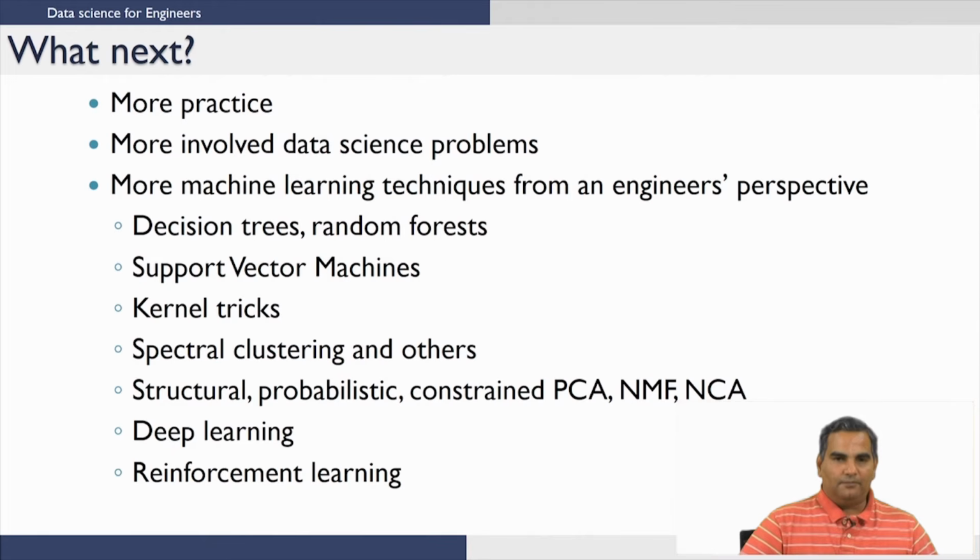Now, as I mentioned before, we teach only very few machine learning techniques in this course for the beginners. However, there are many more algorithms that are out there, such as decision trees, random forests, support vector machines, kernel tricks and so on. So, we have listed many of the commonly known and used algorithms for more complicated or more complex machine learning problems.